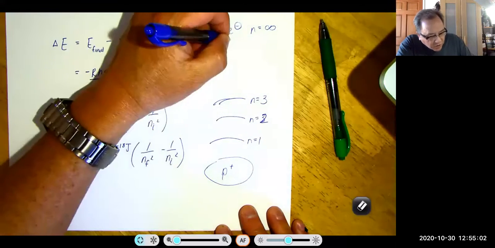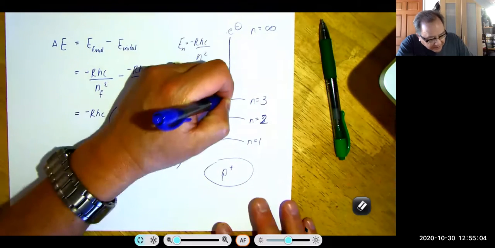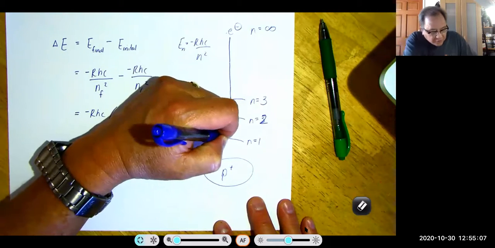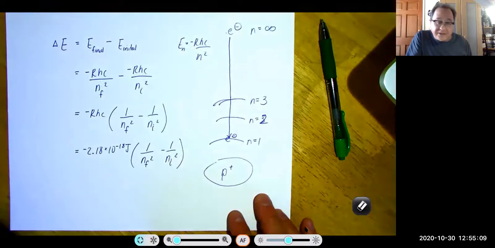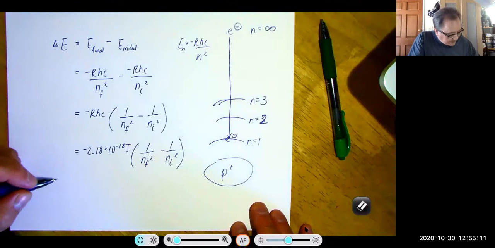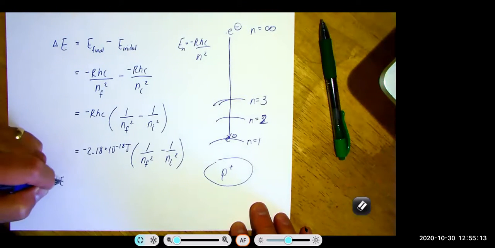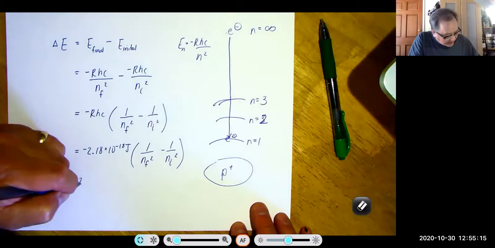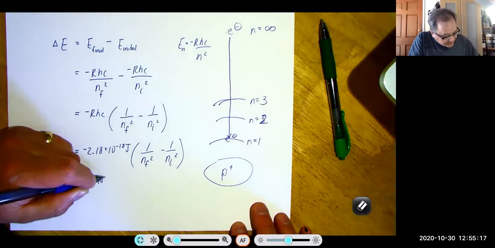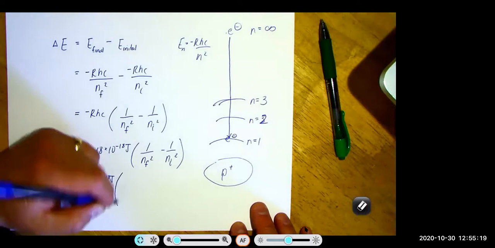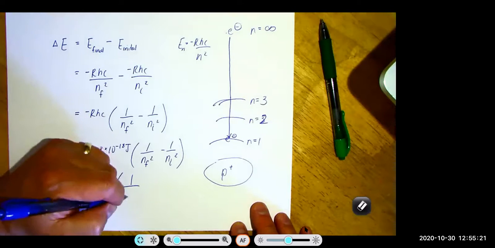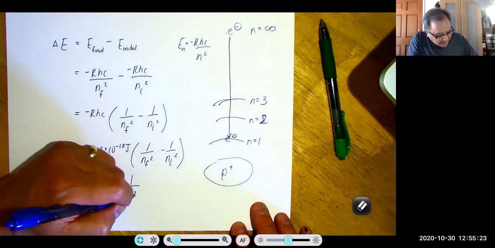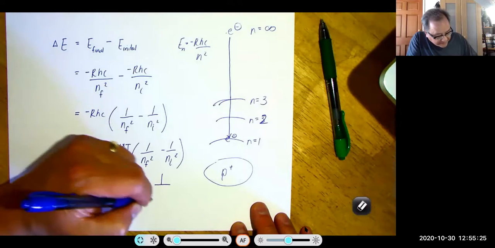So when the electron drops down to here and ends up in the first orbit, let's calculate the change in energy, okay? So the change in energy is going to be negative 2.18 times 10 to the minus 18 joules times 1 over 1 squared minus 1 over infinity squared.